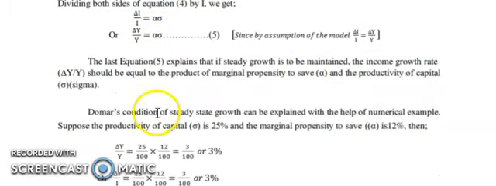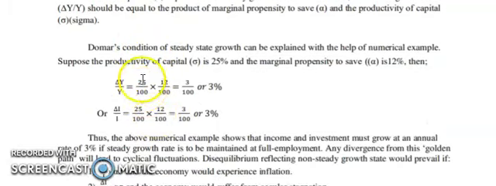Domar's condition of steady state growth can be explained with the help of a numerical example. Suppose the productivity of capital is 25% and the marginal propensity to save is 12%. Then delta Y by Y equals 25 by 100 into 12 by 100, that means 3 by 100, or 3%.